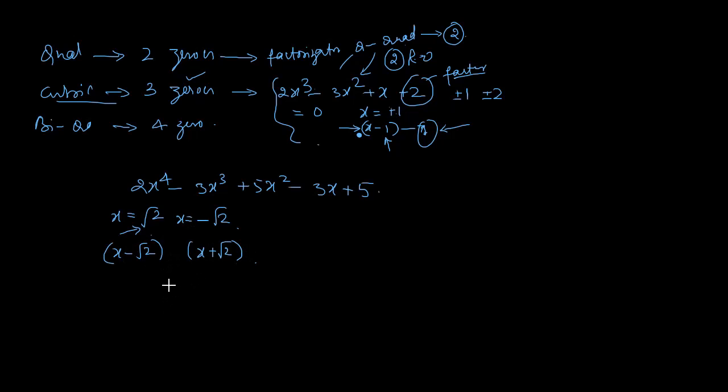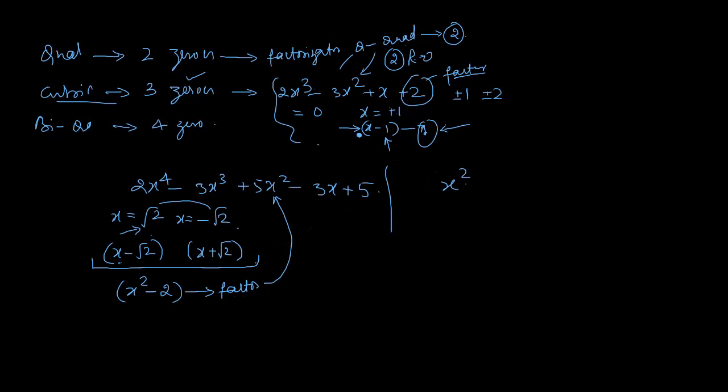Understand why it's actually written. If I multiply this, it is actually going to look like a minus b into a plus b, a square minus b square. A square minus root 2 whole square is 2. That is because they said these two are zeros, so that means this should be a factor of the given polynomial. If it is a factor of that given polynomial, when I divide this, I'll just write it so you understand exactly.